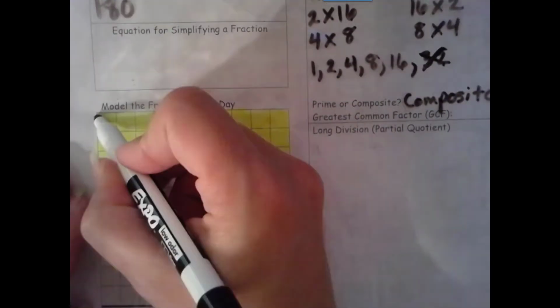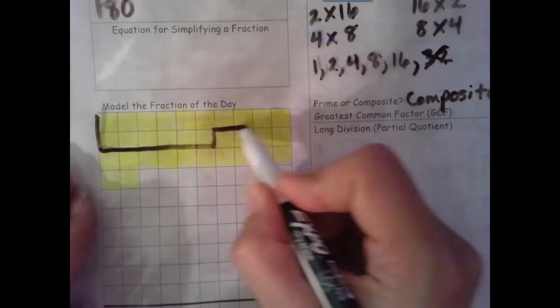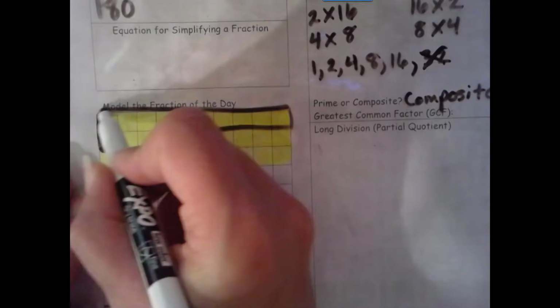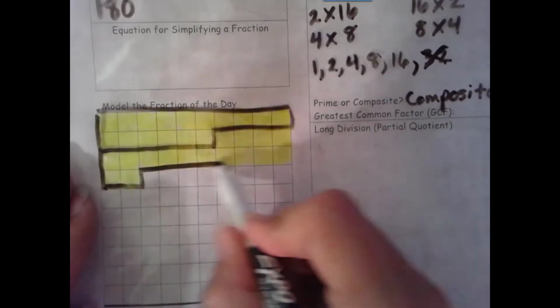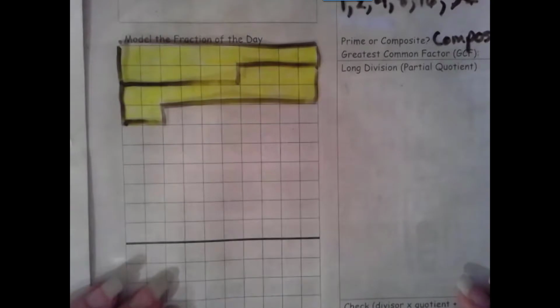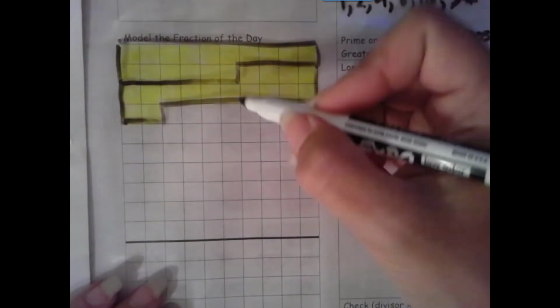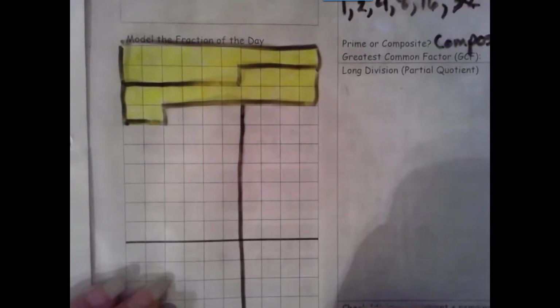Let's try 16. So again, keep the shaded separated from the unshaded, and we want to make sure that each group has 16.